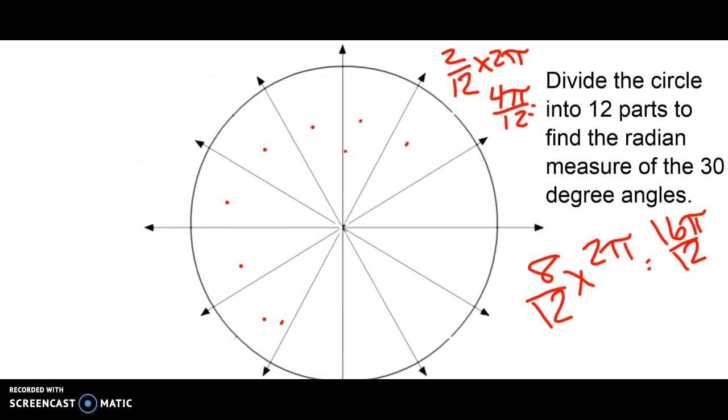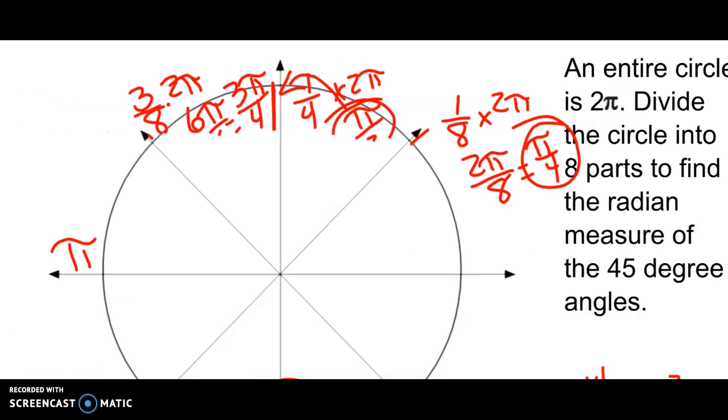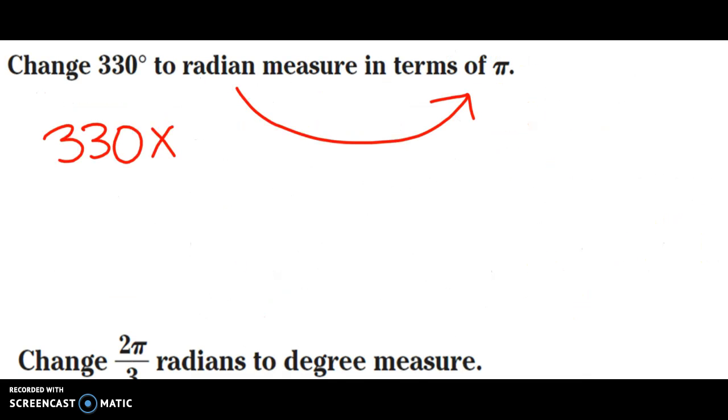Remember, a radian is really just pi over 180 degrees. So we're going to change it to radians, times pi over 180.